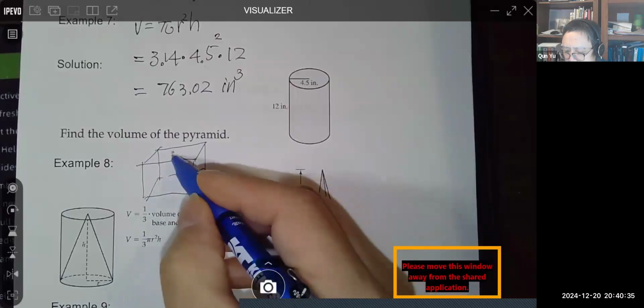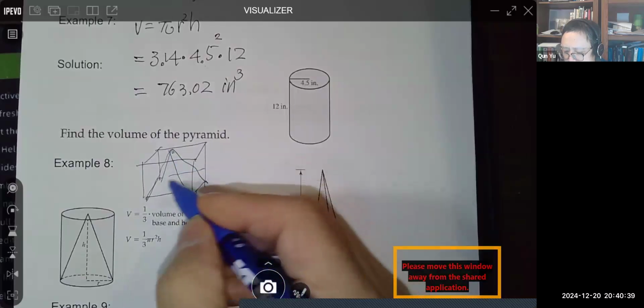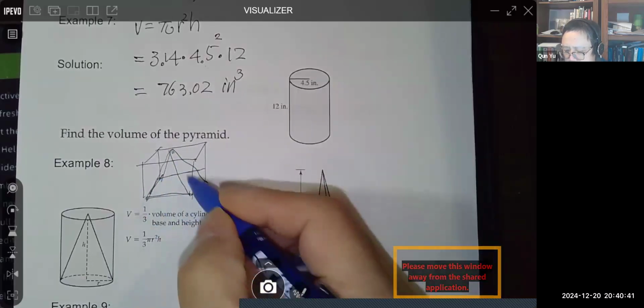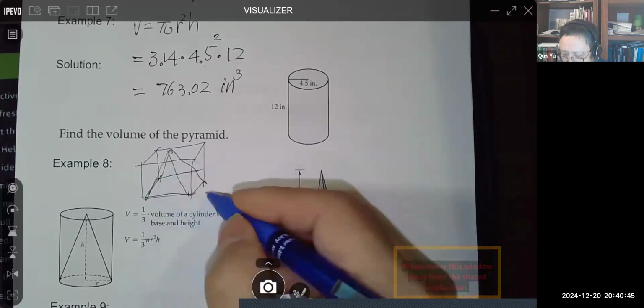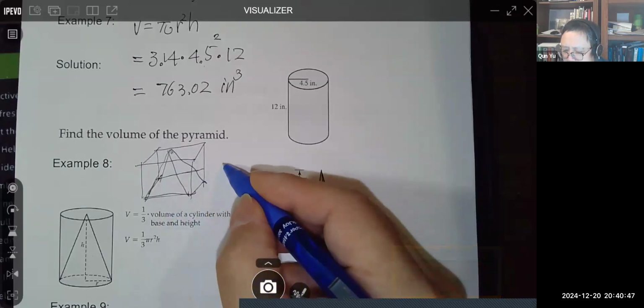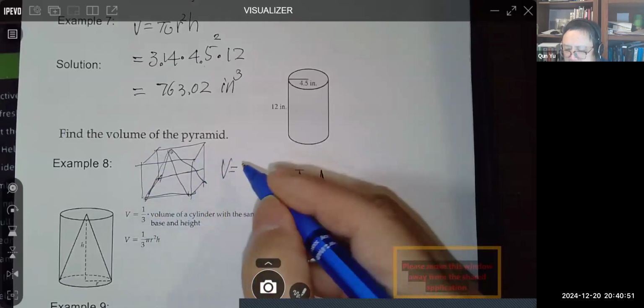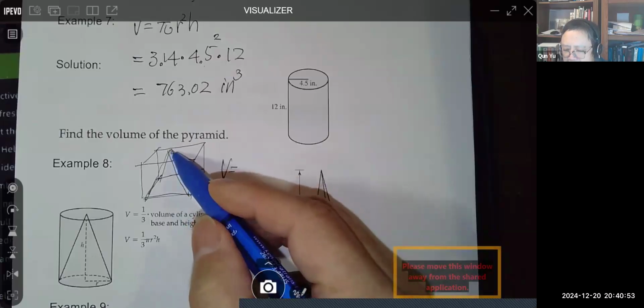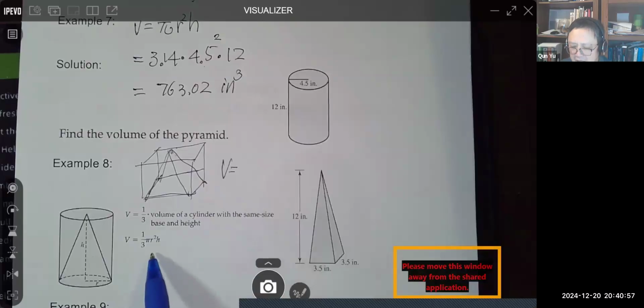If you have an inscribed figure in this box, you can see you get a pyramid inside. What's the volume formula for a pyramid? We know the volume of a box is length times width times height. And the inscribed figure is 1/3 of that. It's very similar to this formula.